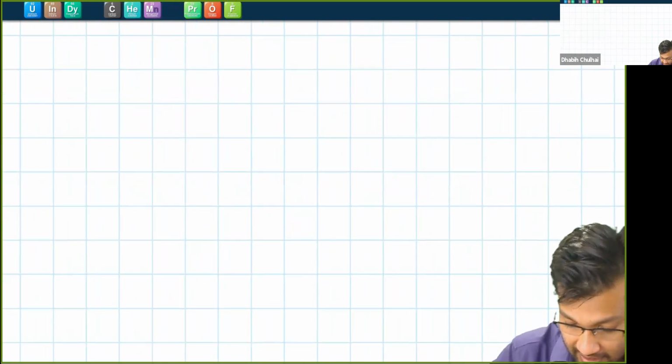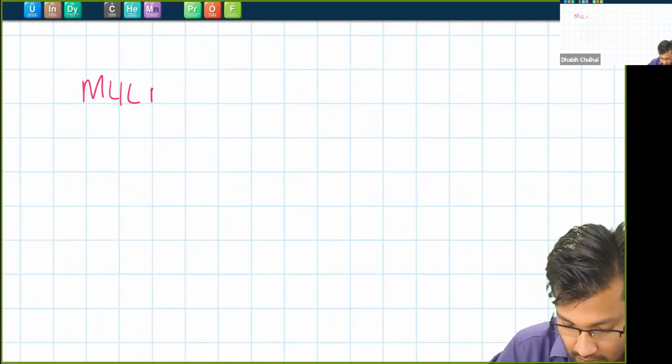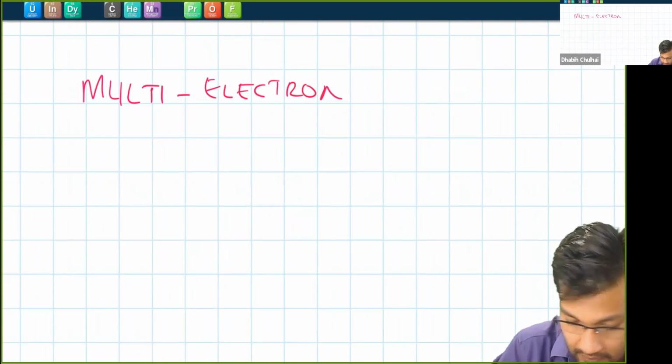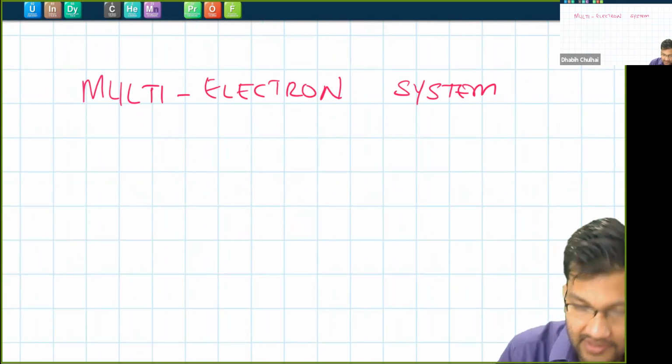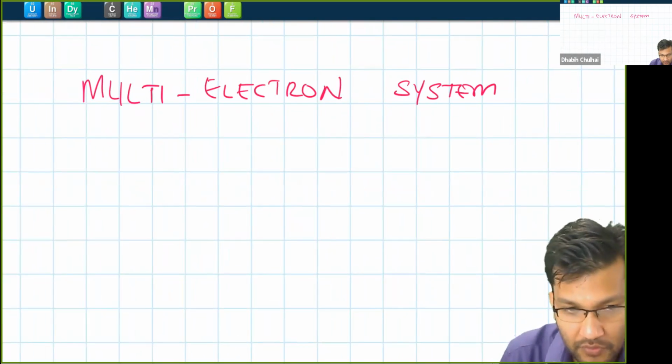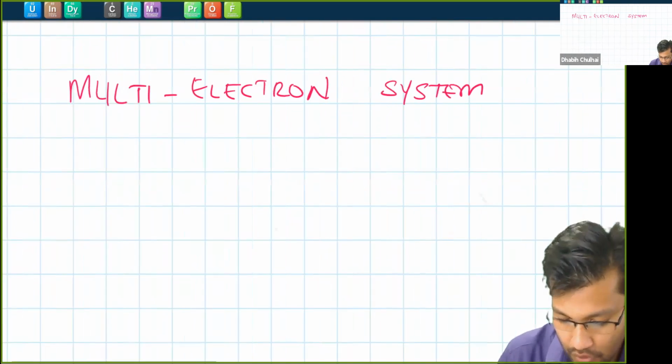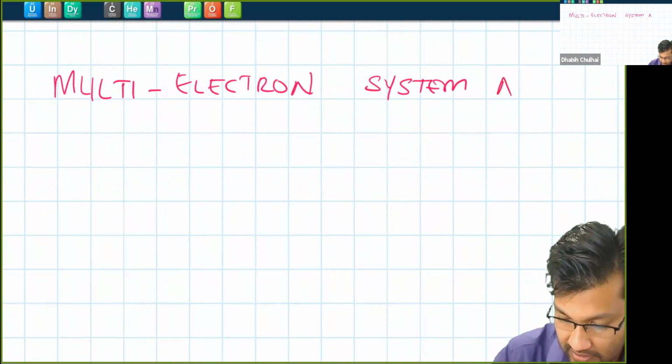So we're going to look at the multi-electron system. And by multi-electron system, I just mean any atom with more than one electron, or any molecule, all of those have more than one electron, hence we call them multi-electron.